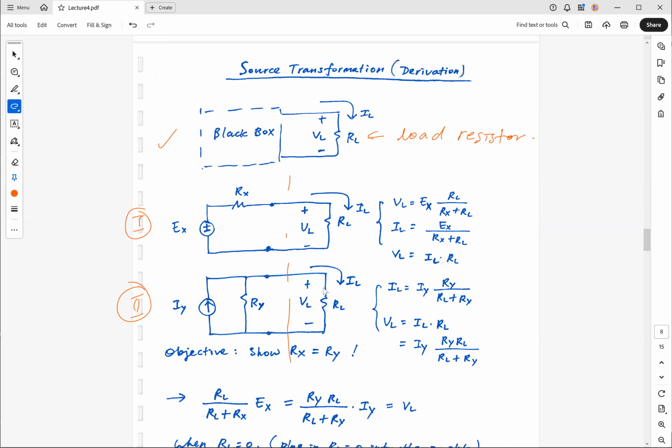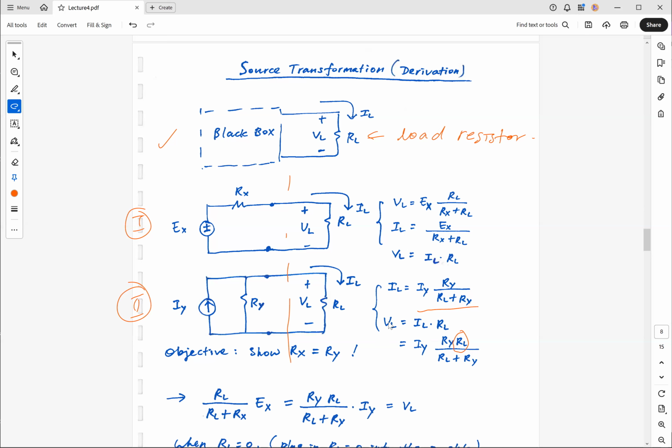For VL, again, the current passing through this resistor, which is IL, times RL, will be my VL. I can also rewrite it, since we know that IL is equal to this, by simply replacing this IL with this equation, and then times RL again, because we apply Ohm's law to find this voltage drop VL.